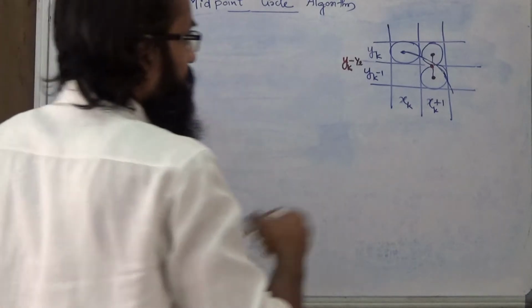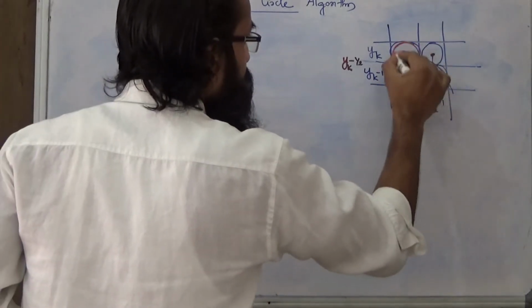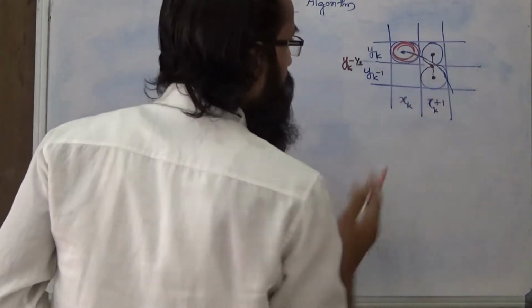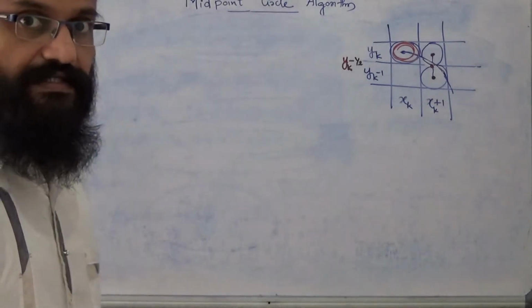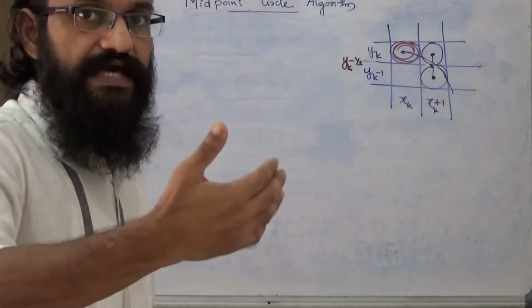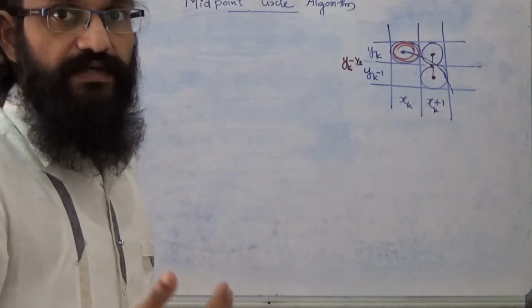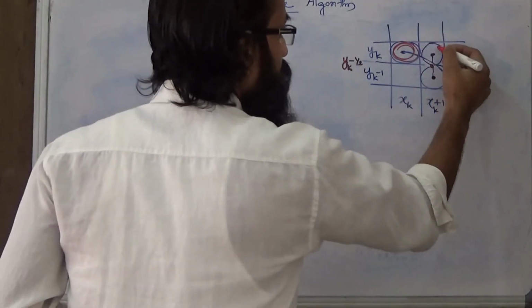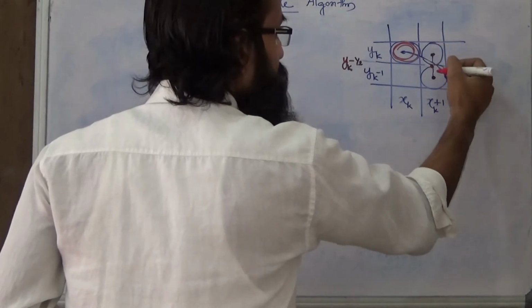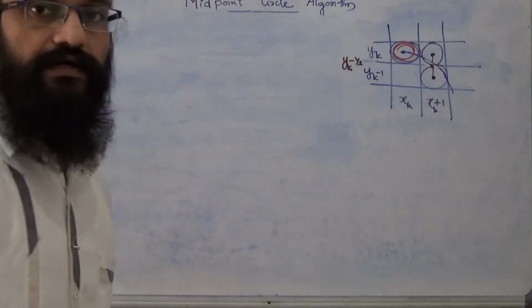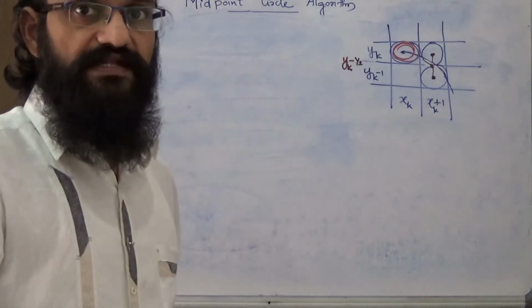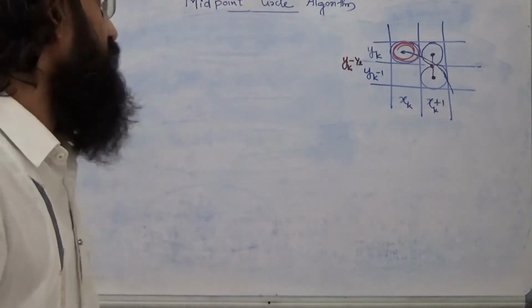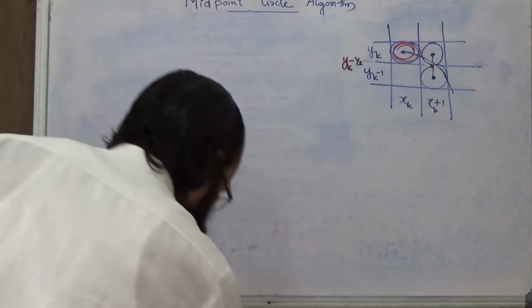So we assume that at the kth step you have plotted this pixel, and in the k plus 1 step, as I have mentioned, x will be sampled at unit interval. So the next x value will be xk plus 1, in this particular column, and you have two options. You have to choose either this pixel or this pixel, whichever is closer to the actual path.